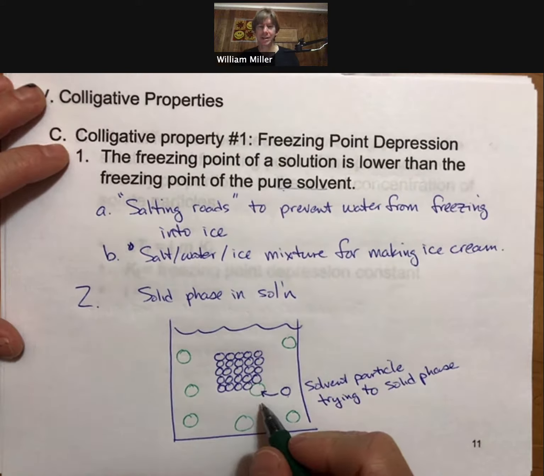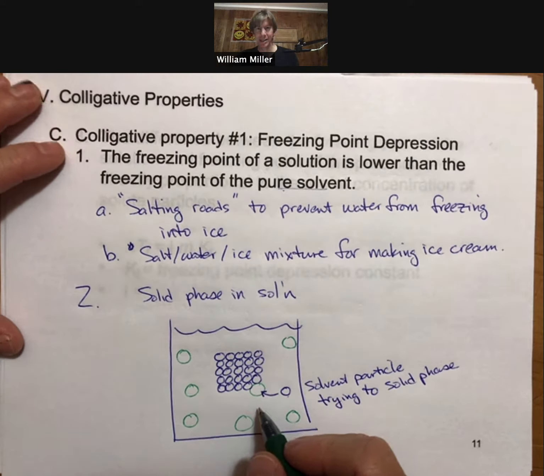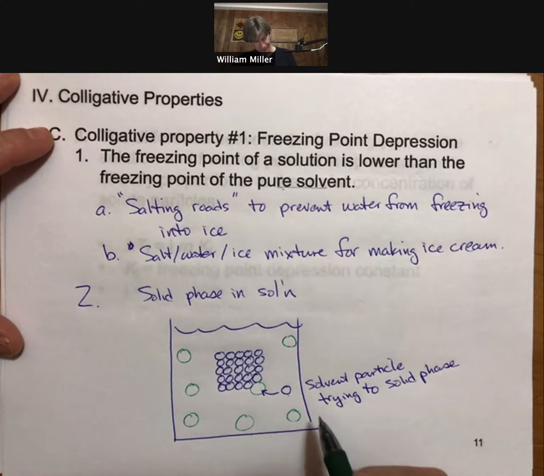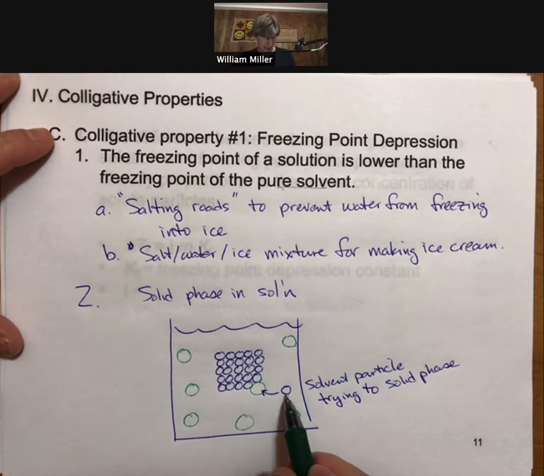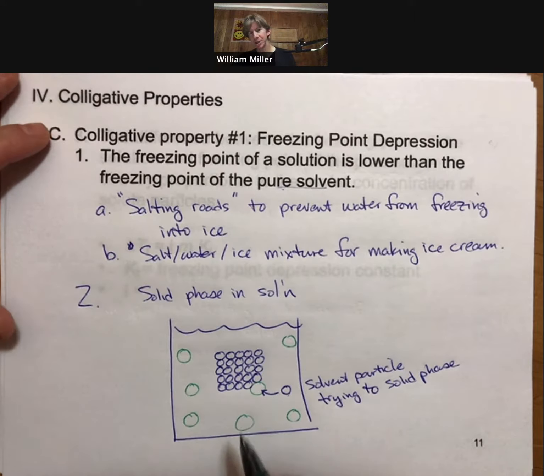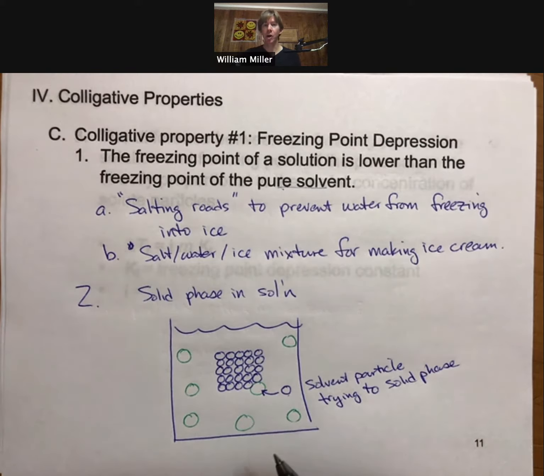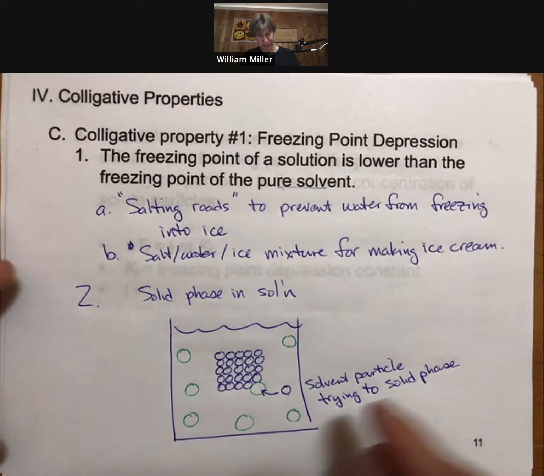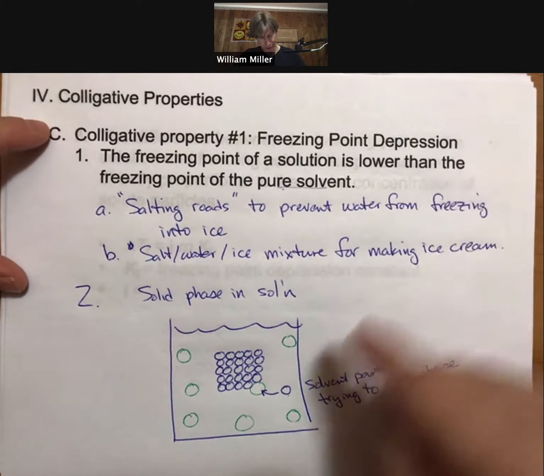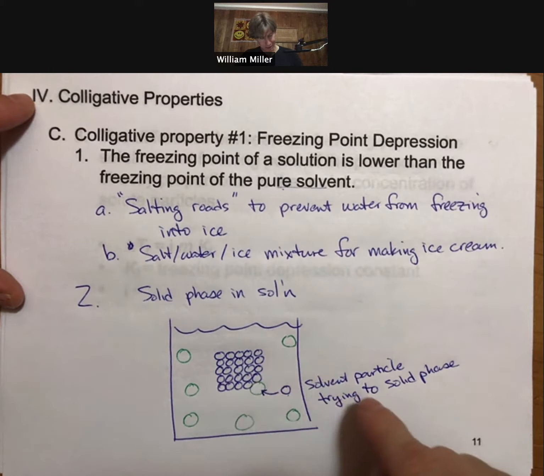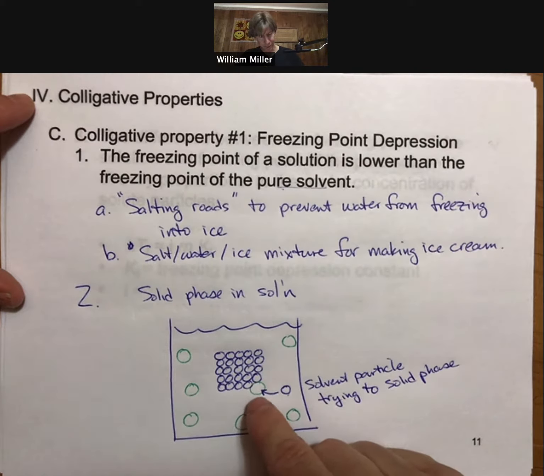And there's a solute particle blocking it, getting in the way. And then what has to happen is the solvent particle has to push it out of the way, or you require lower temperatures and less kinetic energy in the solution before it actually happens. So that's our picture of what's happening here. And the take-home message is that when you have a solute in a solution, the solute particles lower the freezing point.